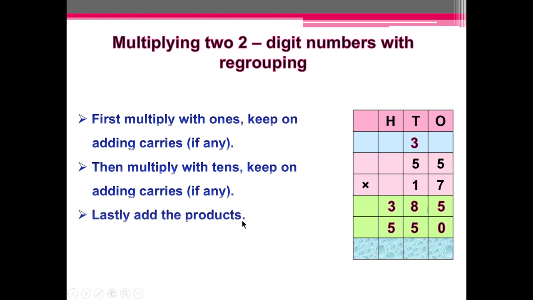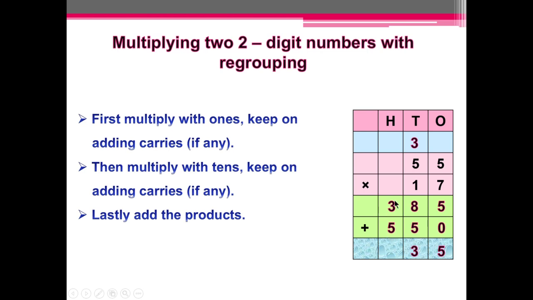Lastly, add the products. We'll put an addition sign over here and we'll do simple addition. Can you add for me? 5 plus 0 is equal to 5. 8 plus 5 is equal to 13. So, we'll write 3 here and we'll keep 1 in our mind as carry.